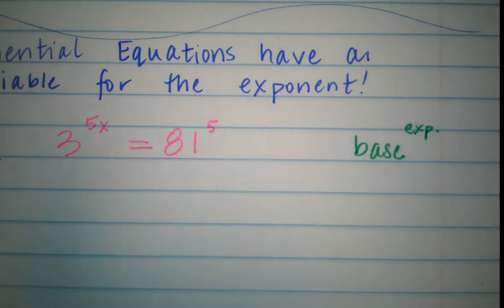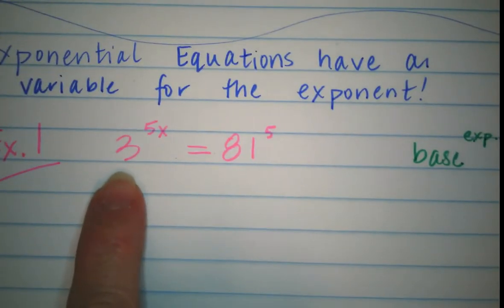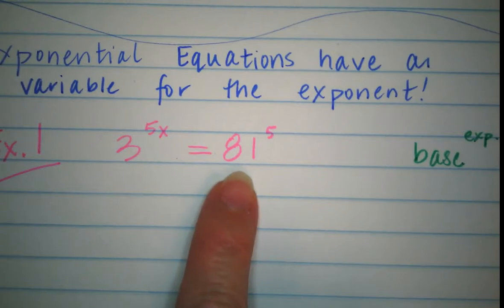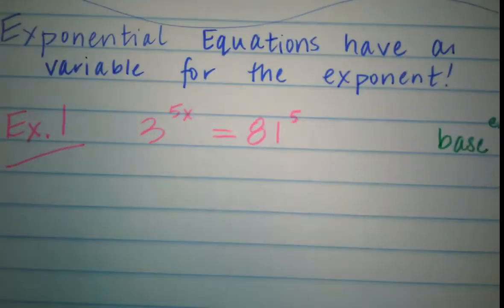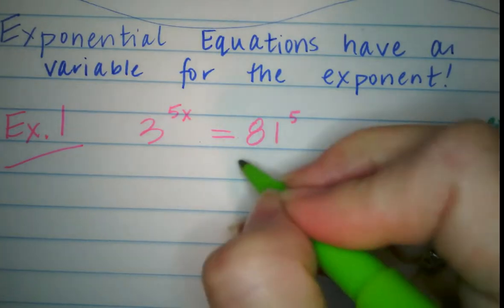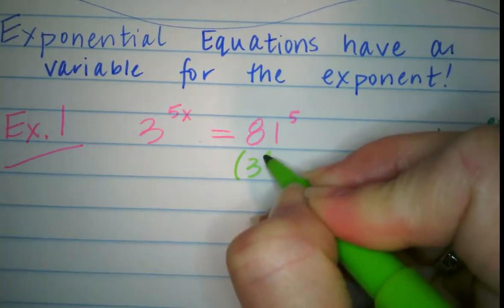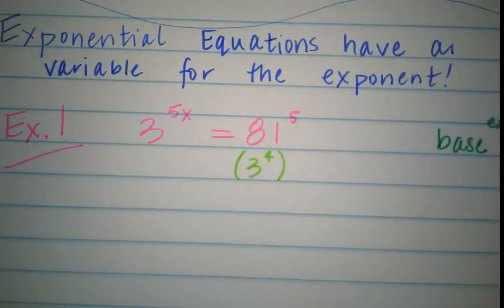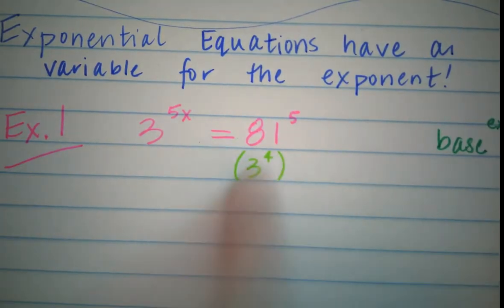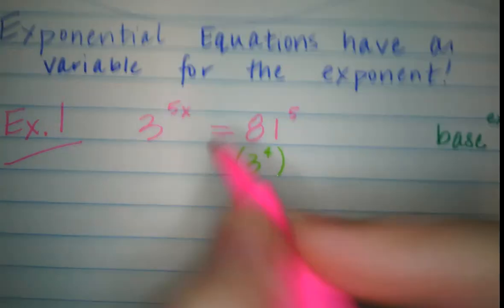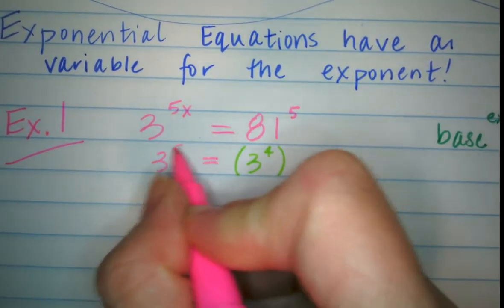All right, I can't really do anything with the 3, but I can do something with the 81. And if you think about it, this is where your multiplication facts are going to be extremely important. I'm going to rewrite 81 as 3 to the 4th. Because 3 times 3 is 9, times 3 is 27, times 3 is 81. So 3 to the 4th is the same thing as 81. All right, I'm going to copy the rest of it over.